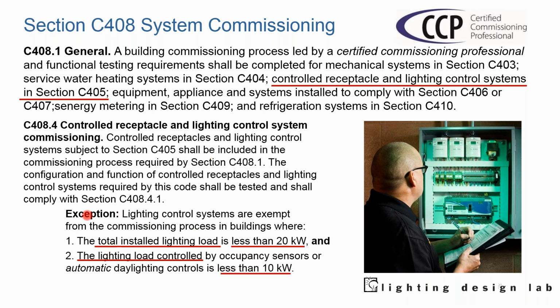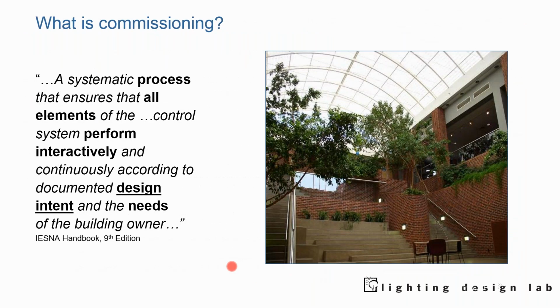And exceptions are lighting control systems that are exempt from the commissioning process in buildings where the total installed lighting load is less than 20 kilowatts, and the lighting load controlled by occupancy sensors or automatic daylight controls is less than 10 kilowatts. It's only for the larger projects. So what is commissioning?